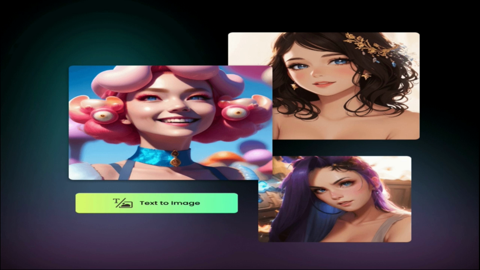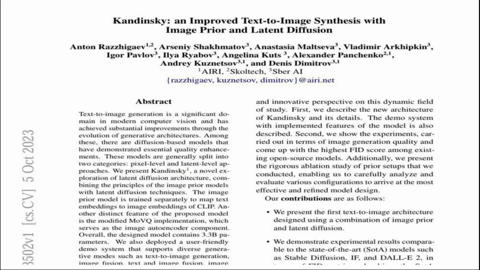However, challenges like computational cost, text-image alignment, and controllability still remain. Dear friends, in this session, we will explore 5 groundbreaking research papers that tackle these issues and push the boundaries of text-to-image generation. The first paper is on Kandinsky, improved text-to-image synthesis with image prior and latent diffusion.